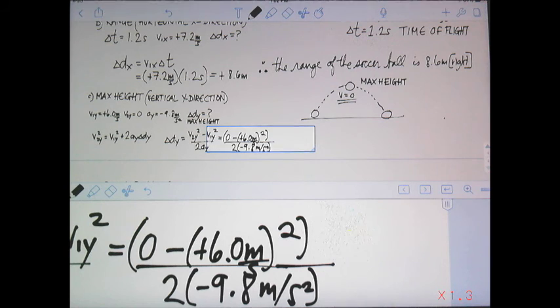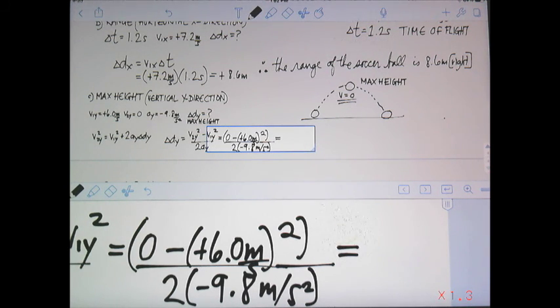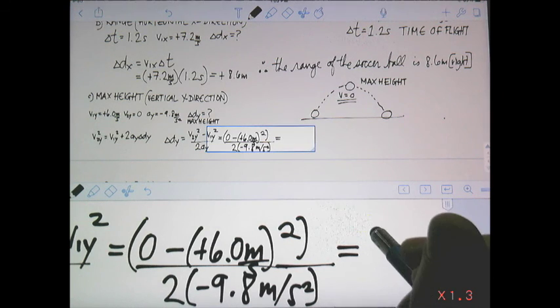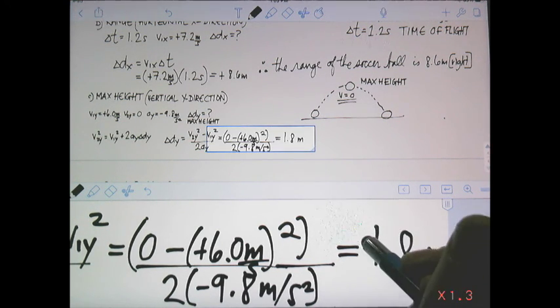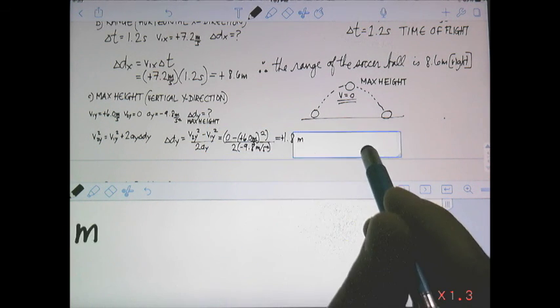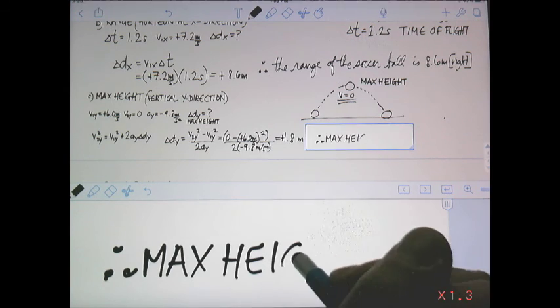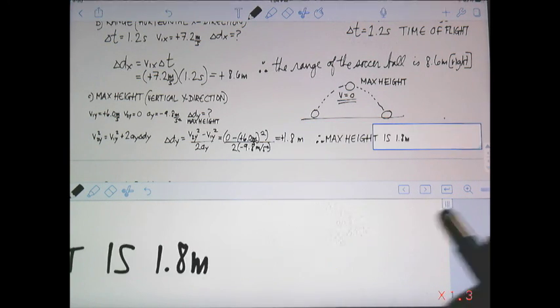Divided by 2 times negative 9.8 meters per second squared. You punch this into your calculator, what do we get? To 2 significant digits, the answer is 1.8 meters. And it should be positive. And that makes sense because the maximum height should be up, not down. So we can state the maximum height is 1.8 meters up.